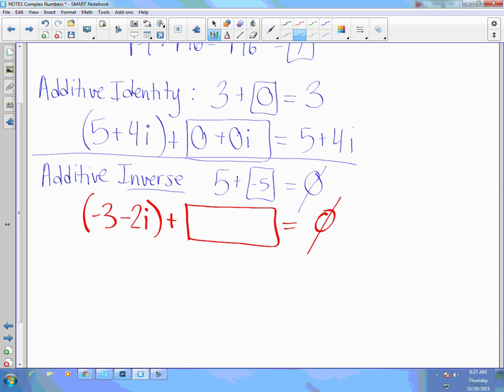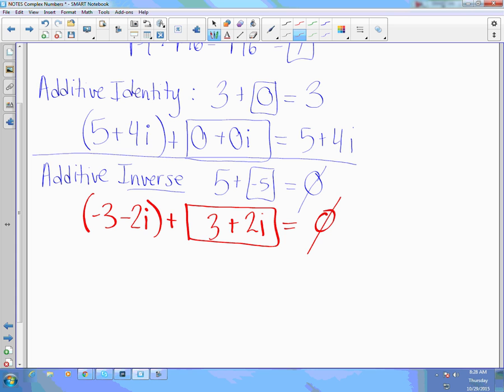Hannah? 3 plus 2i, I think we'll get that. Do you agree? Disagree? Thumbs up, thumbs down. I agree. So -3 plus 3 is 0. -2i plus 2i is also 0. Okay? So that clears up additive inverse versus additive identity. Identity gives the original back; inverse has to eliminate.